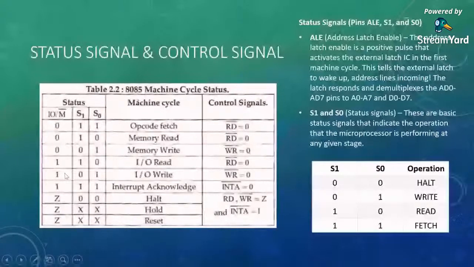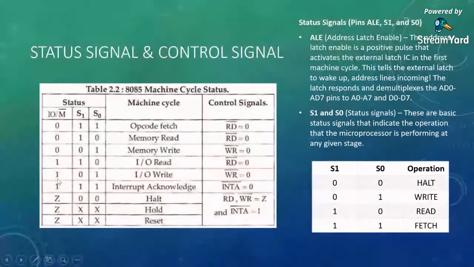If IO/M is 1, meaning that the active one is input output, with S1 and S0 at 1 and 0, the machine cycle is input output read. So the control signal will be active low read.